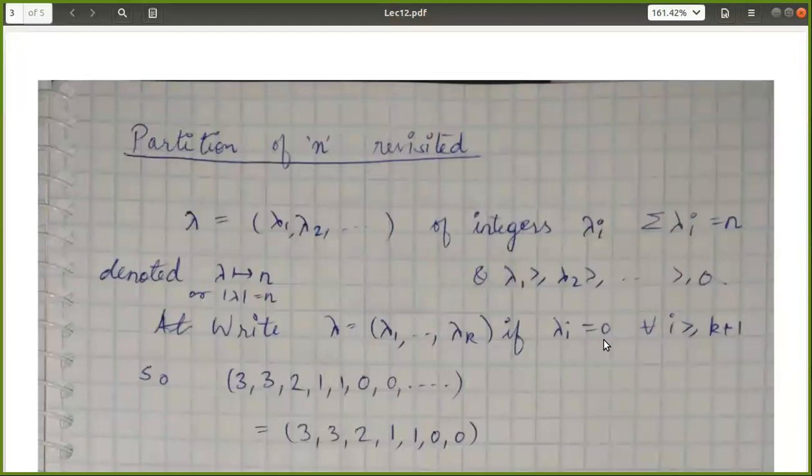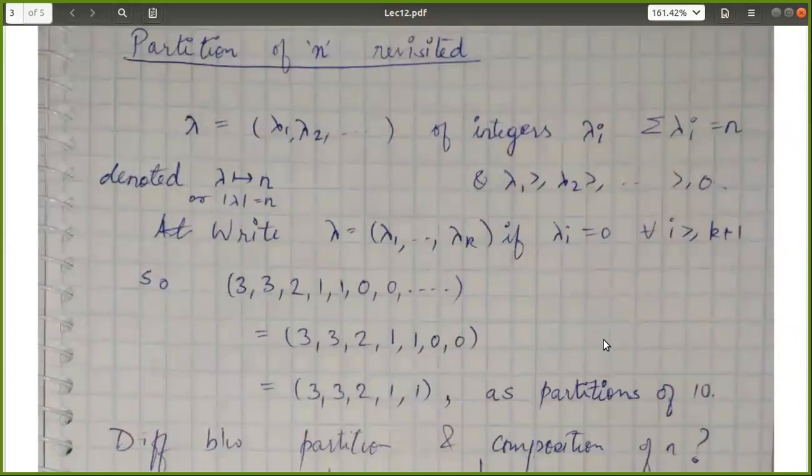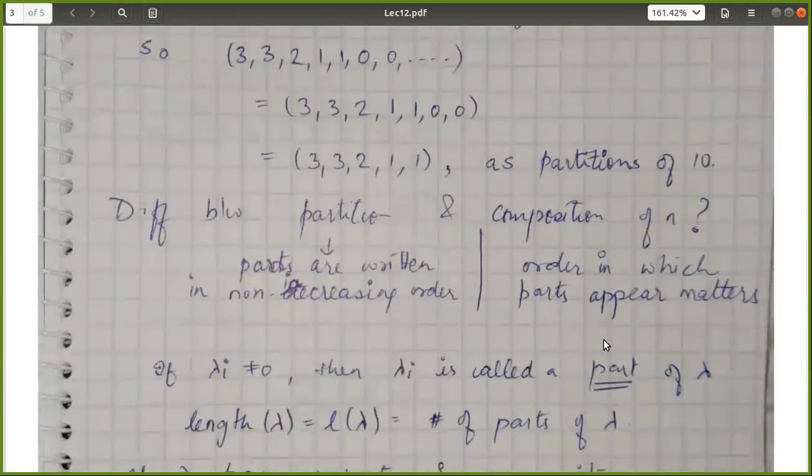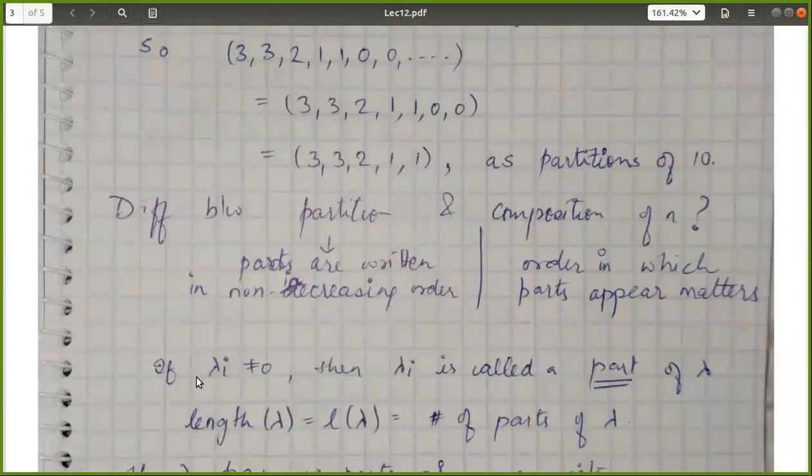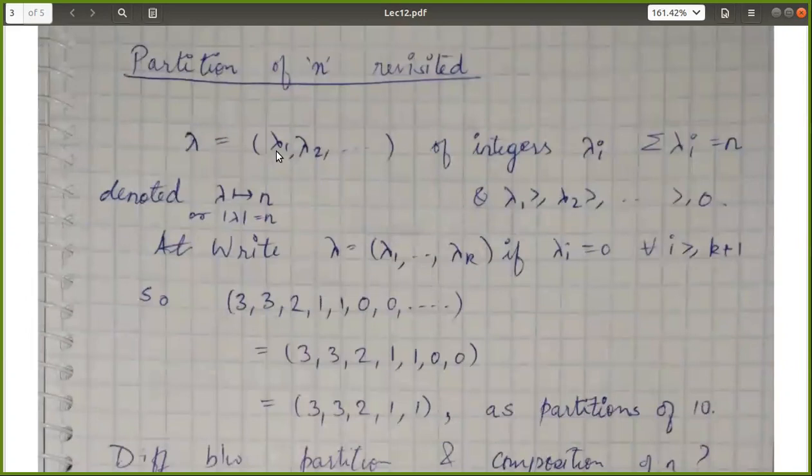Great. So once you have done this, coming down to this, the non-zero parts, or rather non-zero lambda i's, which are there in this particular sequence are called parts of lambda.